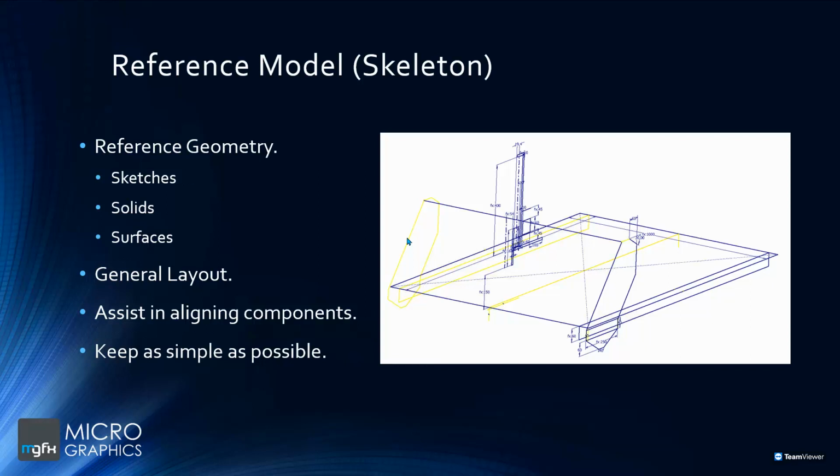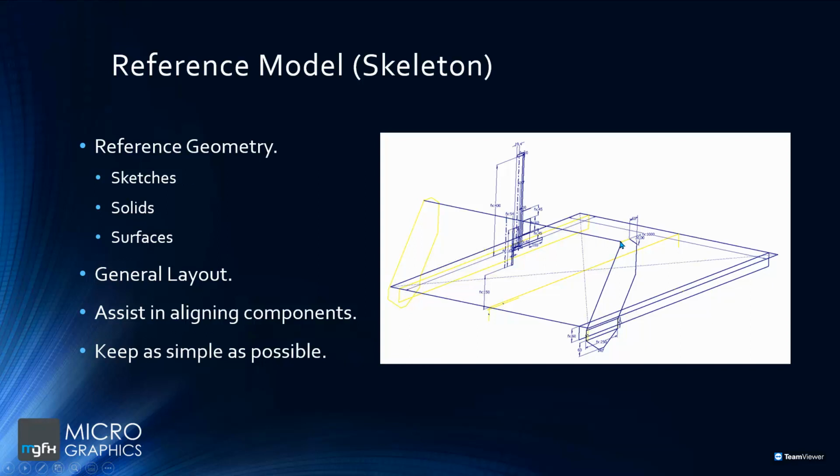And what you want to do here in your reference model is get that general layout of the component. In this image here, it might not be clear, but I'll go into Inventor and we can look at it, we have the layout of the CNC router. There is the sketch for the bed. There's sketches for the supports or risers for the gantry.